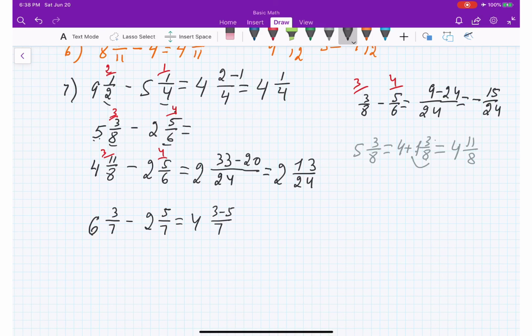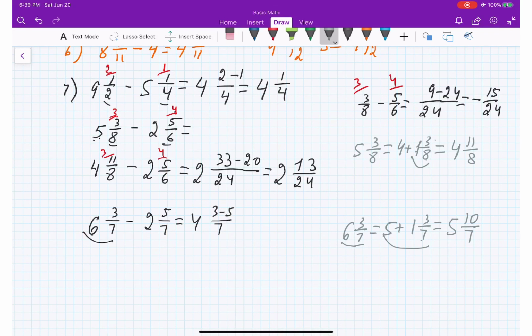So therefore, we are going back and representing 6 and 3/7. Drafting here, 6 and 3/7, I'm going to represent as 5 plus 1 and 3/7, which is going to be 5, and 1 and 3/7 is going to be 1 times 7 is 7 plus 3 is 10, so 10/7. Where from did I discover I can write it this way?